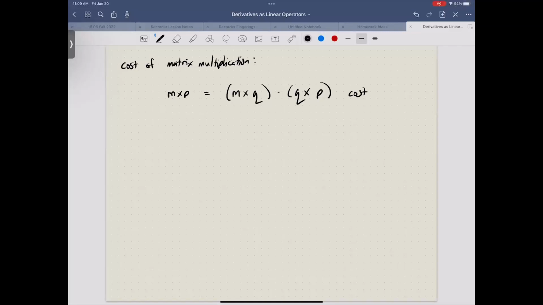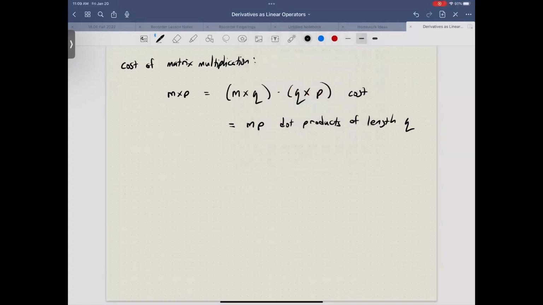So how do you do it? For each entry of the output, you've probably learned row times column, right? So for each component of the output, you do a dot product. So this is MP dot products of length Q. Is that clear?